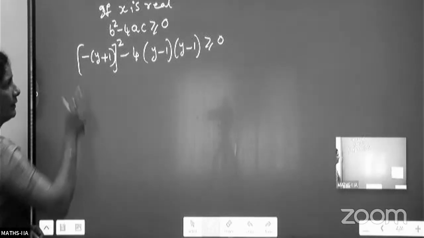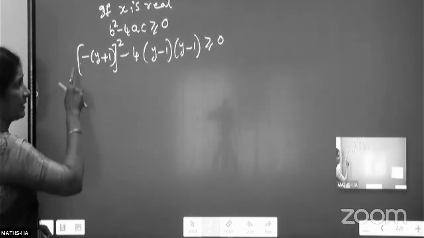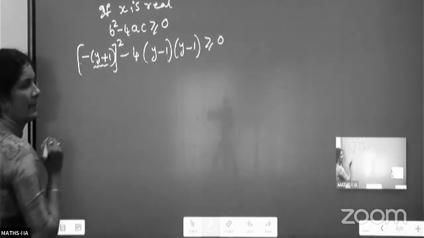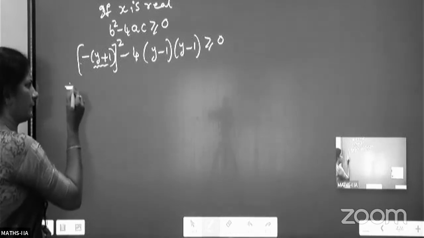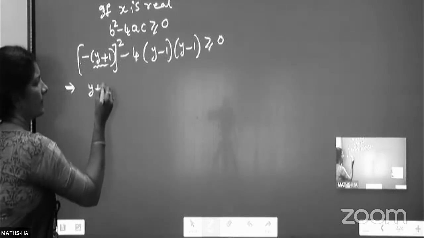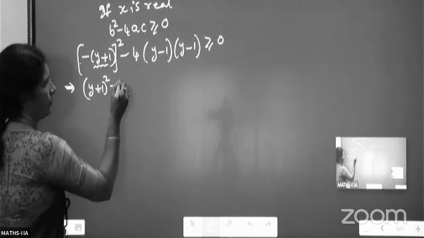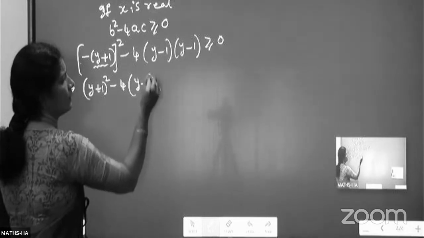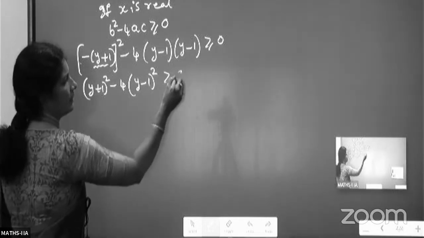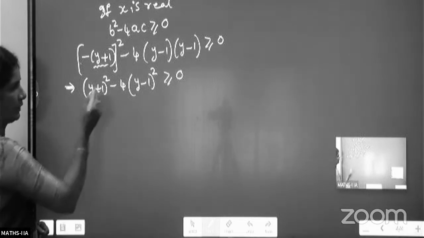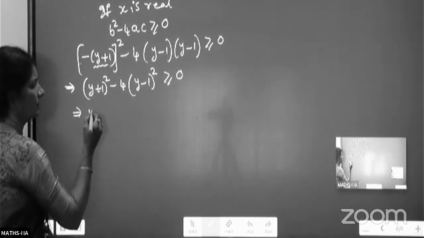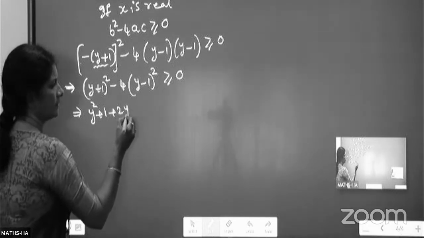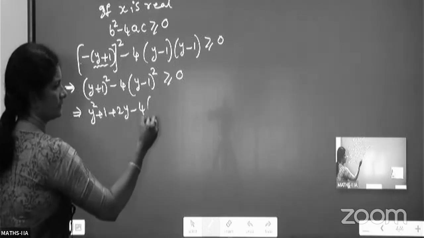Now simplify. Minus whole square. Don't neglect this minus. Minus whole square is plus. Now it is in the form of what? A plus B whole square. Otherwise, write one more step. Y plus 1 whole square minus 4 into y minus 1 into y minus 1, y minus 1 whole square greater than or equal to 0. Now this is a plus b whole square. Y square plus 1 plus 2y. Keep this minus 4 as it is.